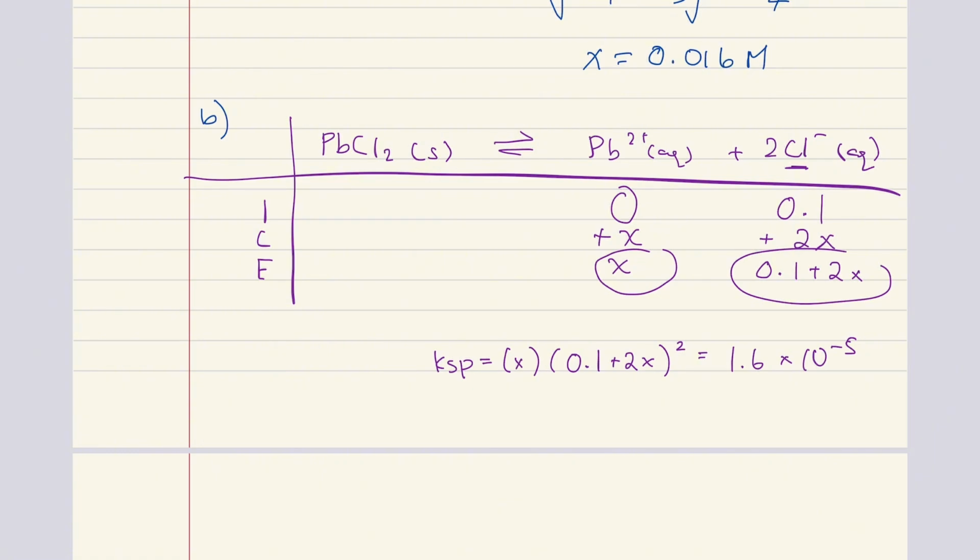In other words, it makes lead-2 chloride less soluble, and it makes the magnitude of X smaller than it was in pure water. So that considered, we can say that plus 2X is negligible, and we can get rid of that. And now we can solve the KSP as X multiplied by 0.1 squared, and that's equal to 1.6 times 10 to the negative 5.